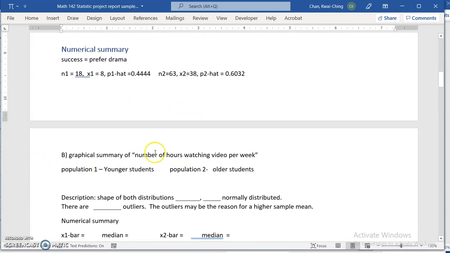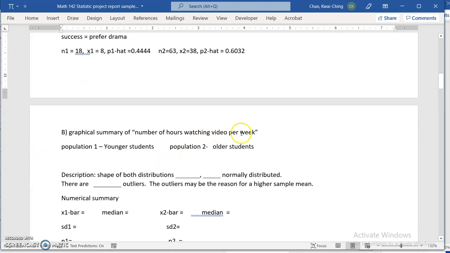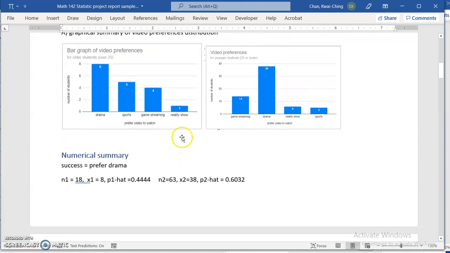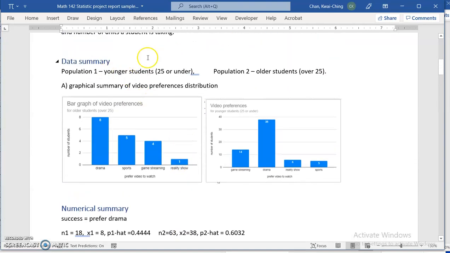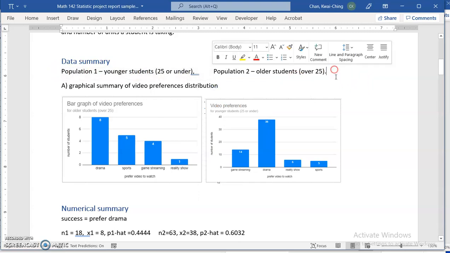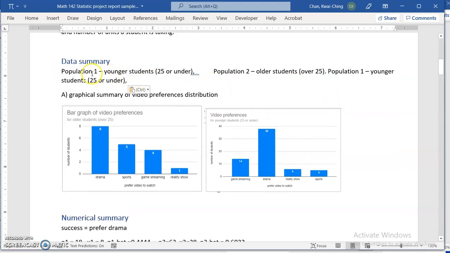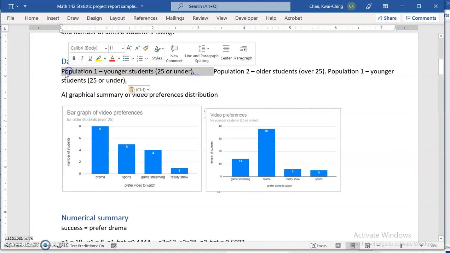And then for the number of hours watching video per week, that is quantitative data. I also define population 1 and 2. I think I have switched them. I think my population 1 actually was, yeah, it was the older one. I think I switched them. So this one I need to delete.